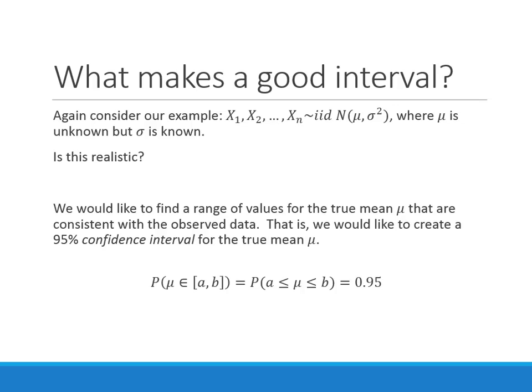Does that seem realistic to you, that I would know what sigma is, but I don't know what mu is? Probably not, right? How would you know what the standard deviation was if you didn't know what the mean was? So this is not realistic, but we're going to assume this for now.